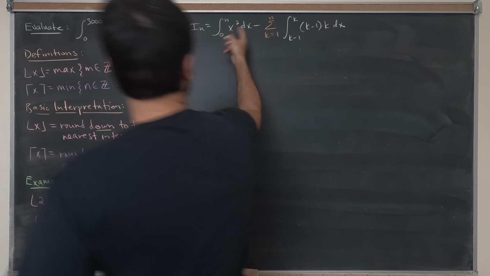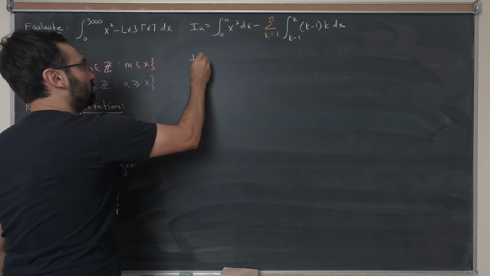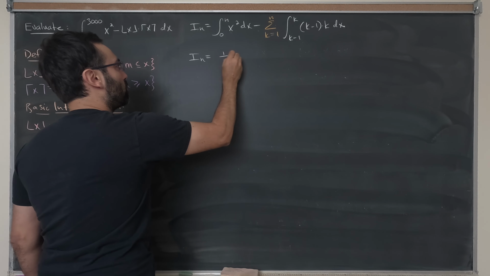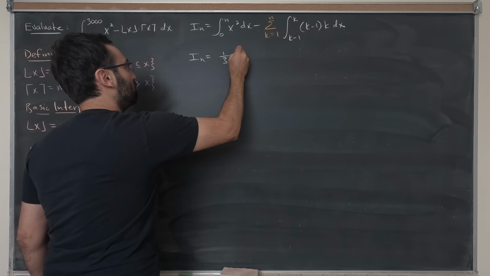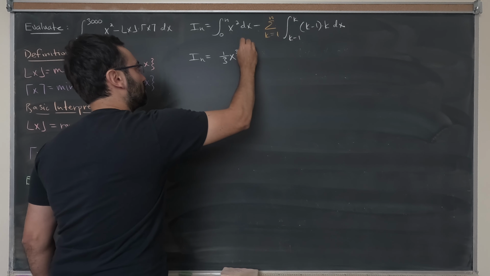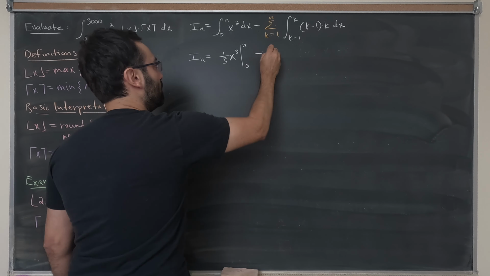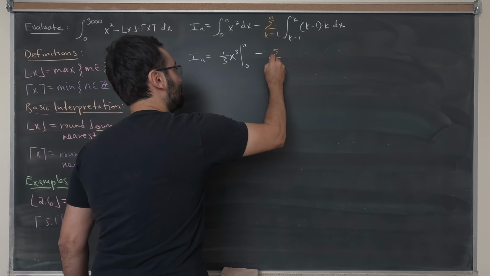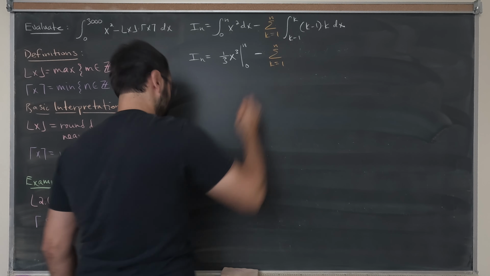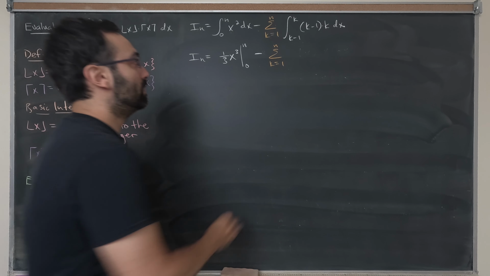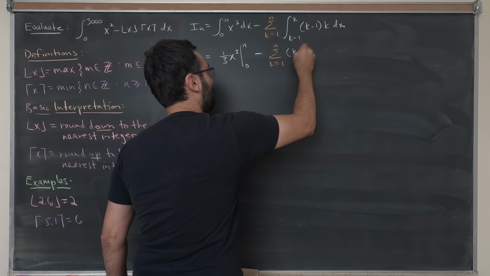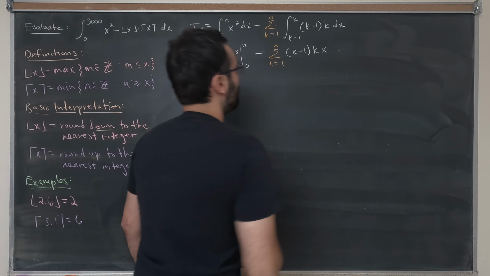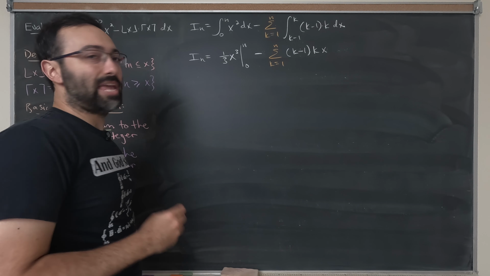And we can carry out this integration very easily as well. That's a simple polynomial. So integrating this, we get 1/3 x cubed evaluated from 0 to n minus the sum from k equals 1 to n of, like we said, k minus 1 times kx evaluated from k minus 1 to k.